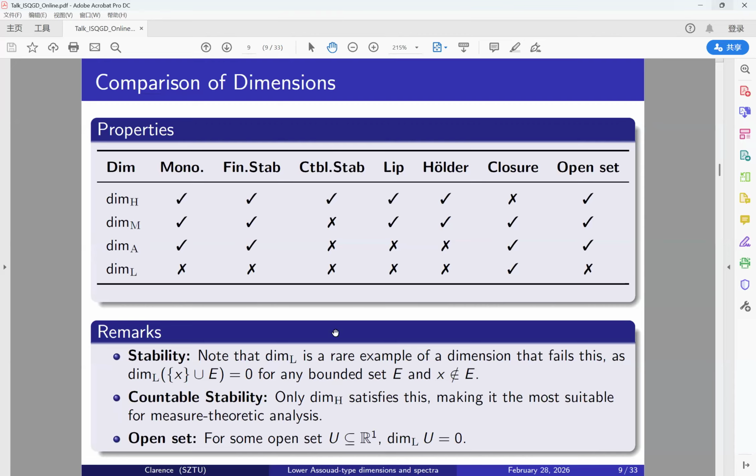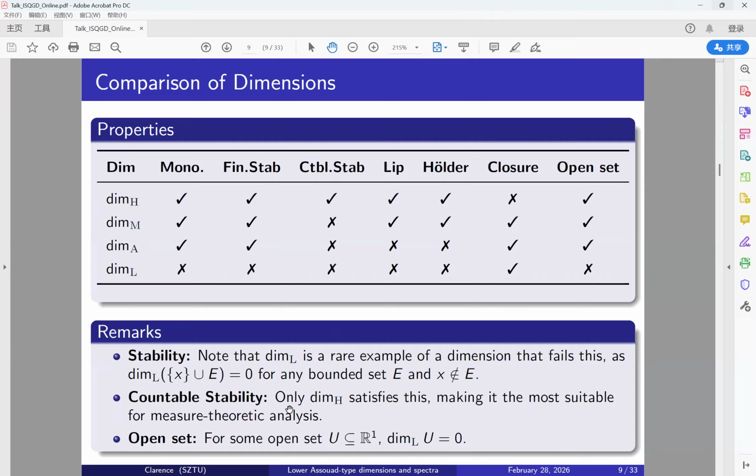Here I would like to make some remarks. For the stability, notice that the lower dimension is a rare example of a dimension that fails monotonicity. For example, if E is an interval and X is an isolated point, the lower dimension will be 0.